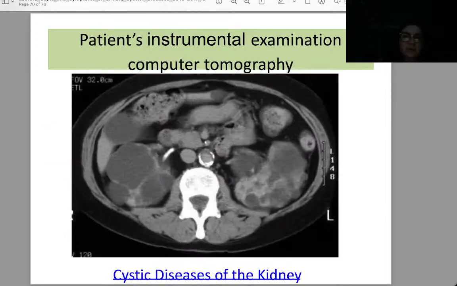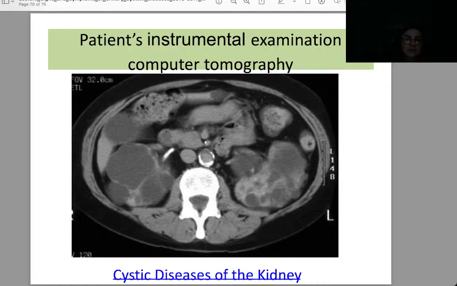Computer tomography is used more rarely than ultrasonography and X-ray, but in some unclear cases when we're not sure with other visualization, we can use it. For example, here we see a cystic disease of the kidneys.